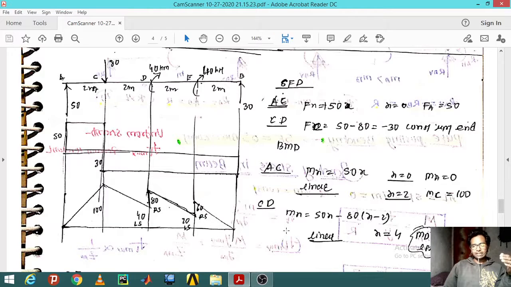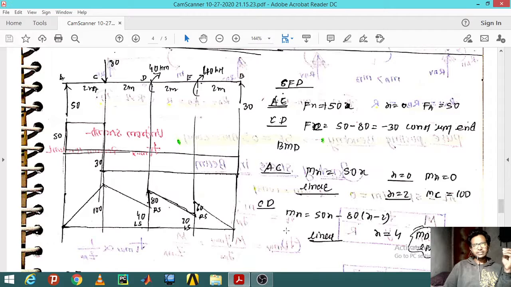Taking x is mostly helpful when you want to find the contraflexure with a uniformly distributed or non-uniformly distributed load. But if it is a point load, there is no need to write the equation. You can directly find the value of the shear force, which saves your time.